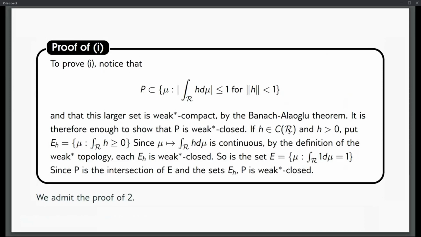Now, if h belongs to C(R) and h is positive, then we can set E_h to be the set of mu such that the integral of h d mu is positive. Because the map that takes mu to the integral of h d mu is continuous, by the definition of the weak star topology, every E_h here is going to be weak star closed, and so is this set E. Because P is the intersection of all these sets alongside E, P is going to be weak star closed.